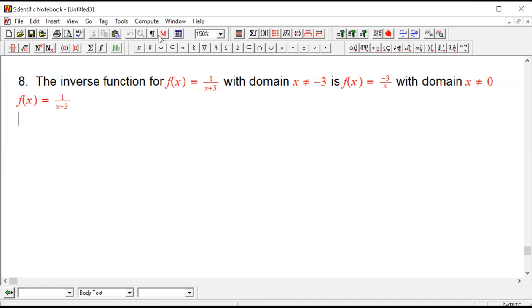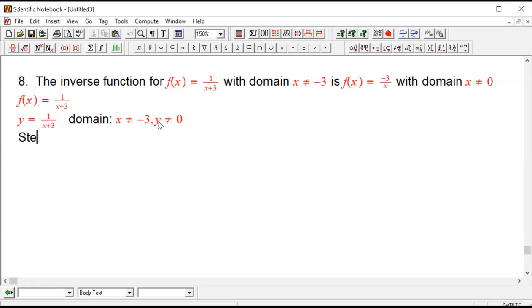So we can go straight to finding the inverse. We're given the domain, x is not equal to negative 3, and y cannot be equal to 0.